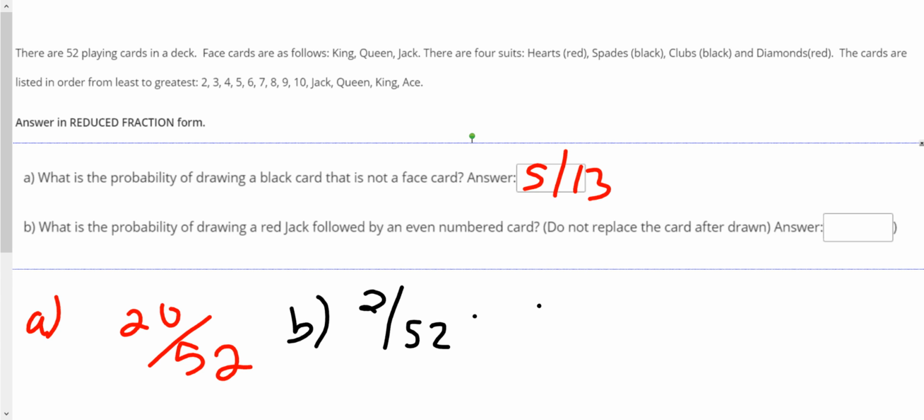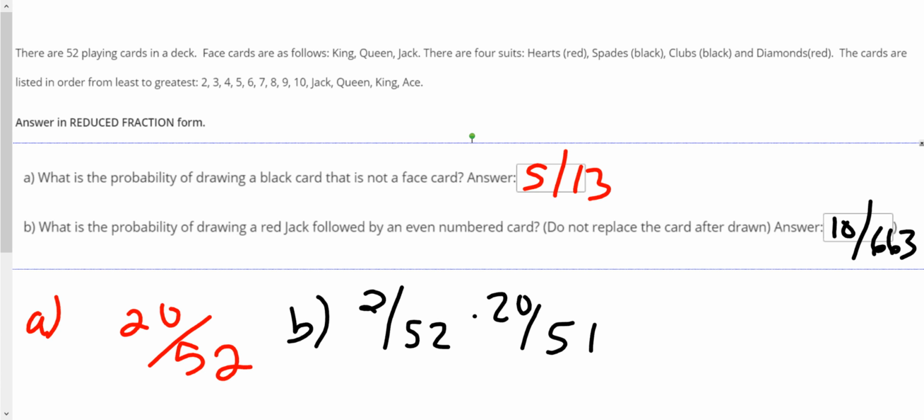Now keep in mind, that card is gone, so we have 51 cards. And now we need an even card. Well, we're going to have 20 cards which are even, because you've got 2 through 10, and we just do the evens there, so it gives you a total of 20 cards. You multiply those fractions, you simplify, you get 10 over 663.